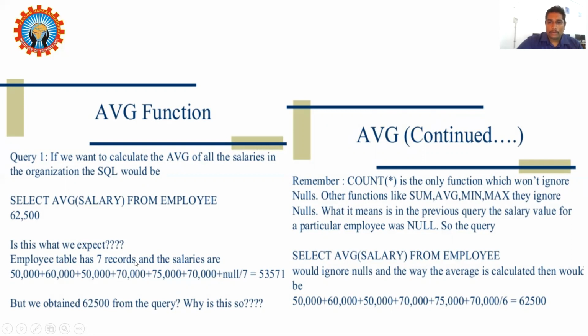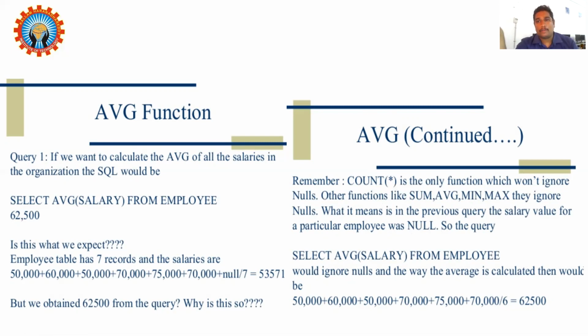Why does this happen? If there is no value in your record, it omits that particular data and divides by 6 only. By default it omits the null value. Count of star is the only function which won't ignore nulls. Among the 5 aggregate functions, only the count function considers the null values.